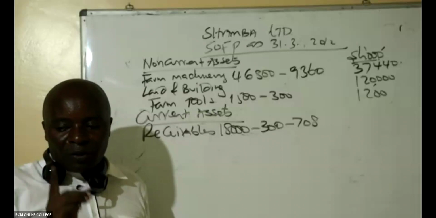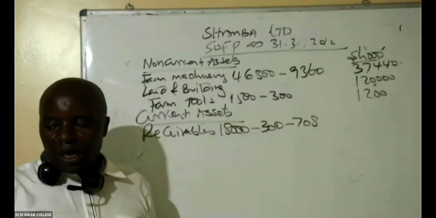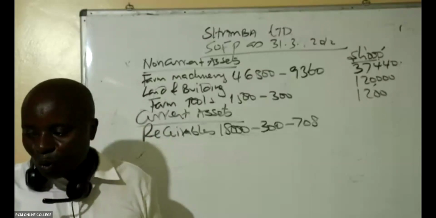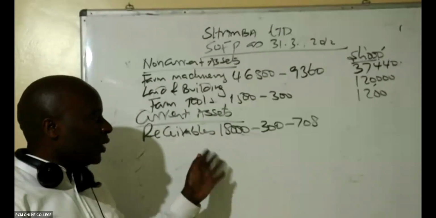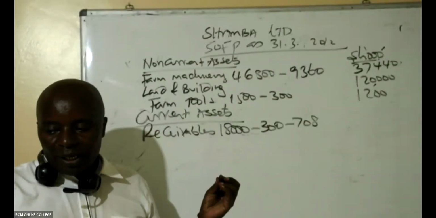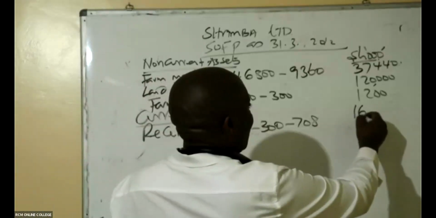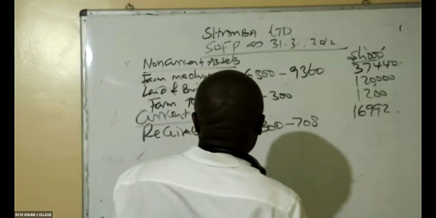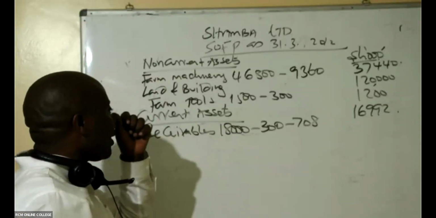So receivables, how much should we put here? We began with 18,000, but there were specific debts of 300, so 16,992. So we have here 16,992.